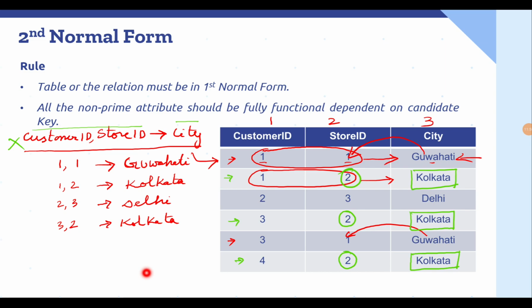Which means the functional dependency we have derived is not following the second normal form. Now what is the solution to get to the second normal form? In the earlier examples also, we discussed that splitting is one such way. So that splitting we are going to discuss.